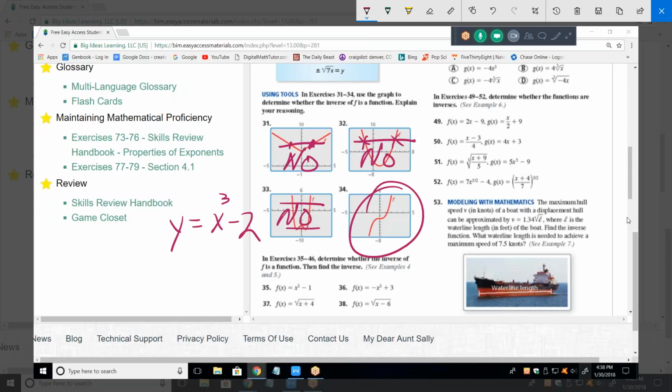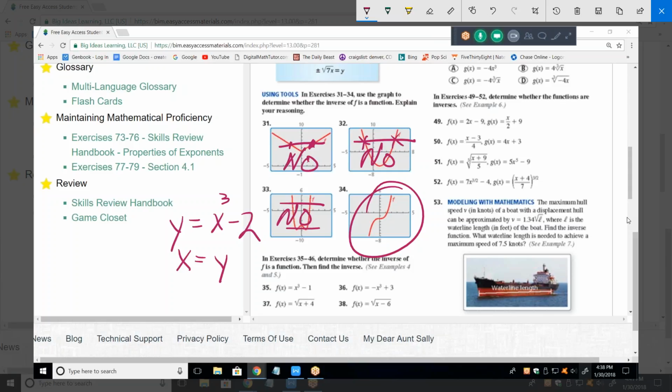Okay? So tell me what the inverse function would be. It would be only 2 steps this time because we didn't start with an f of x, we started with a y. First step, x equals y to the third minus 2.